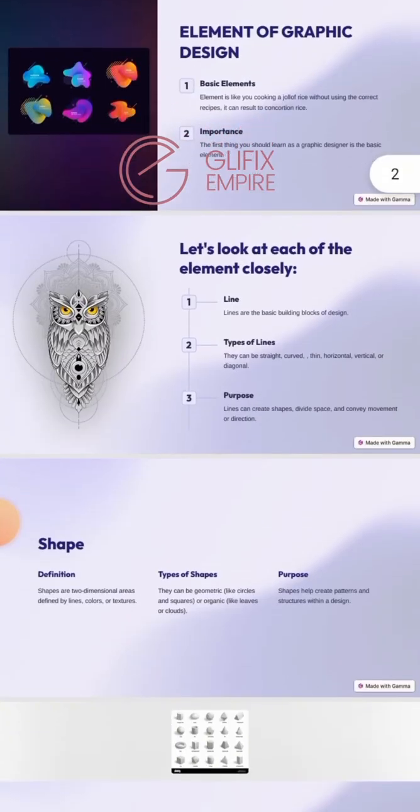So line is a simple thing we've been coming across during our basic level in school. Line is the basic building block of design. I remember back then in school they defined line as the shortest distance between two things or something.